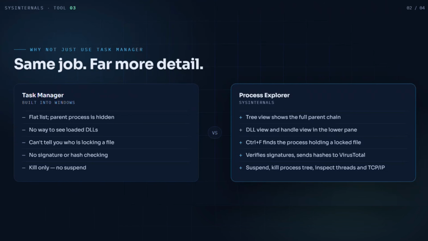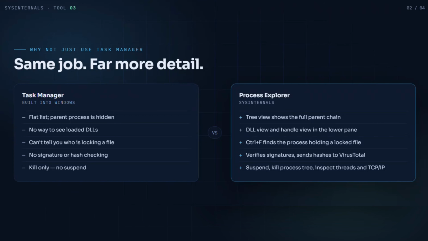And Process Explorer gives us more process control and investigation options, such as suspending a process, working with the process tree, and investigating threads. So the main difference is simple. Task Manager is great for basic monitoring, while Process Explorer gives us deeper visibility for investigation and troubleshooting. We will see this difference in a live demo.